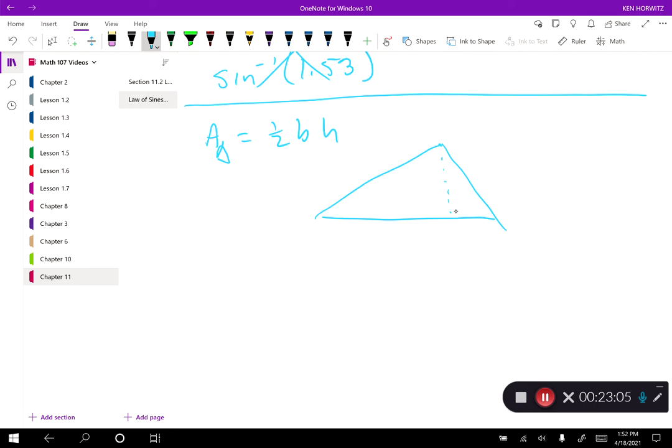All right, but as long as we have two sides and an included angle, we could use an alternate formula to get the area. And that alternate formula is 1/2 AB, that's sides, and then sine C to get our area.